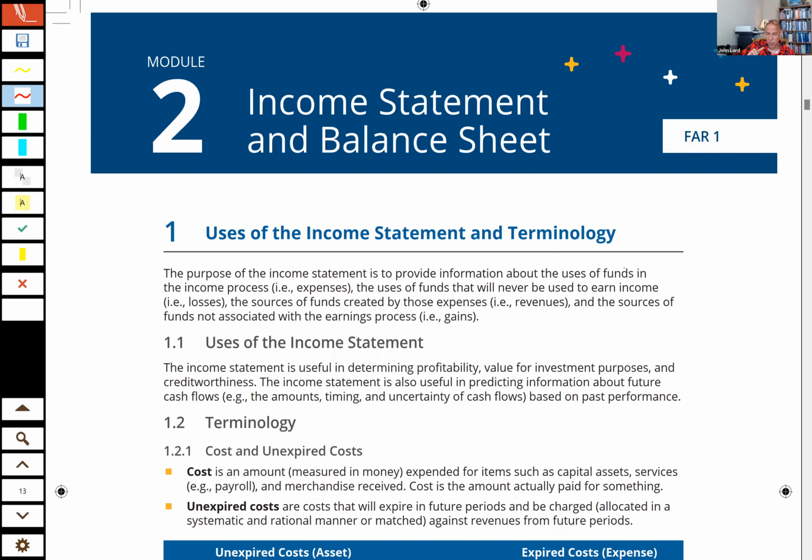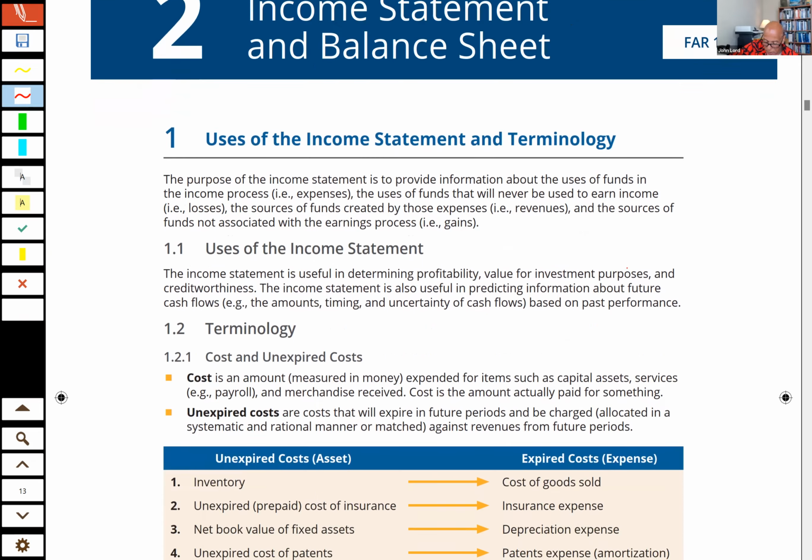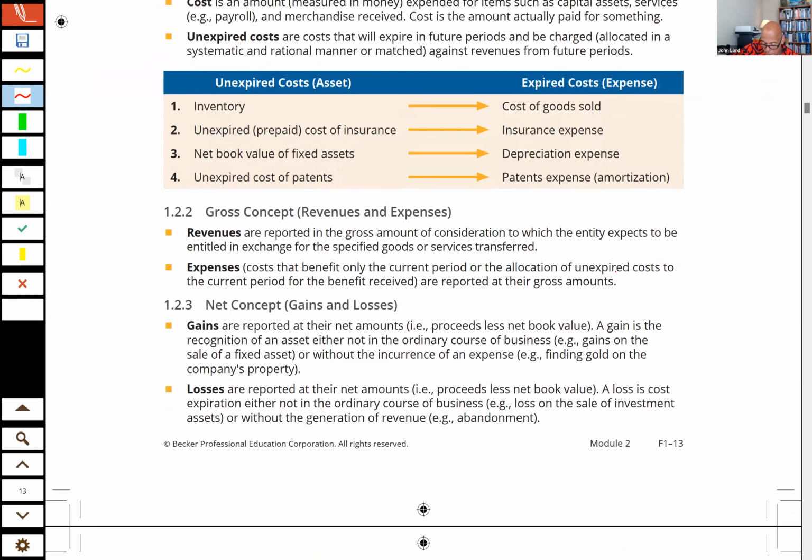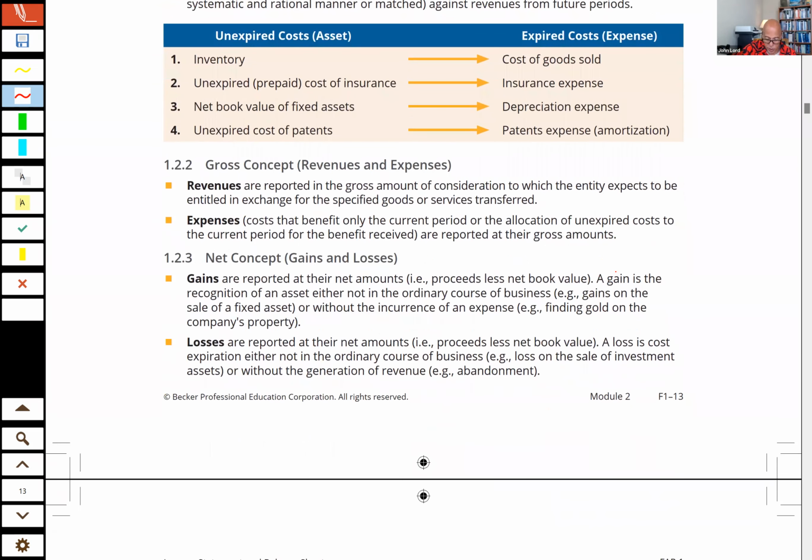This particularly becomes important when we start talking about the multiple step income statement that we're going to get to in a second. Now, remember, I kind of went past some terms there, revenue and expenses, because I said they'd come back here in a second. So let's take a look. Revenue and expenses are reported gross.